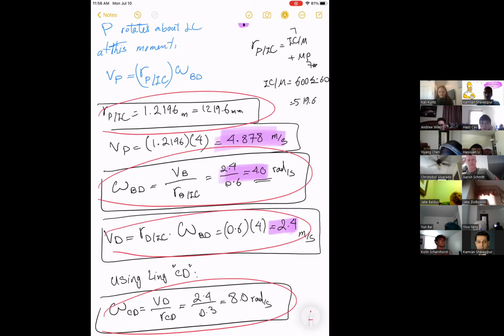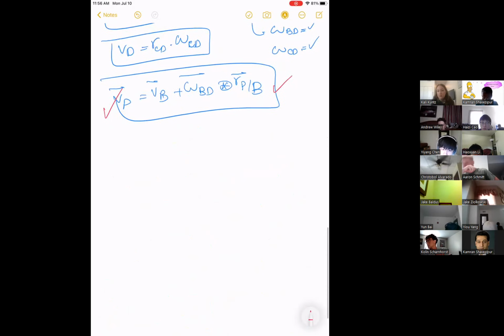Can I use this example and relate to problem 51? 51, I think, asks you to do, and I would say no. Very good question. I would say no and tell you why. 51, first of all, is a part of absolute motion analysis. I want you to use the same method, right? The main reason, this is what you have, right?